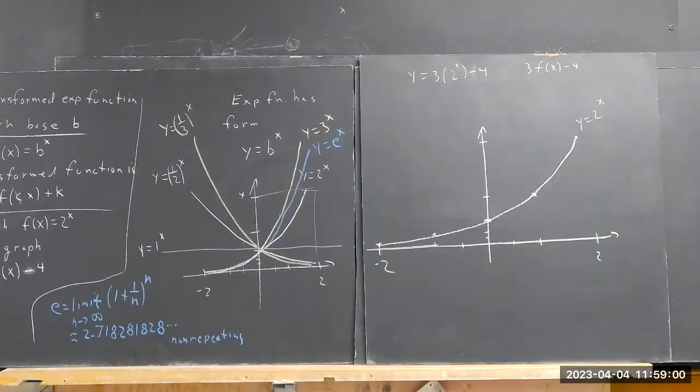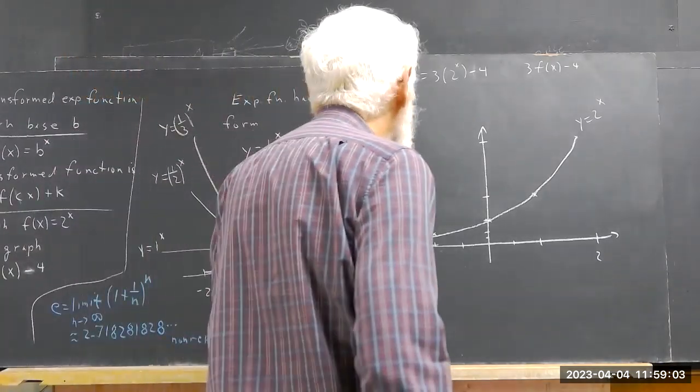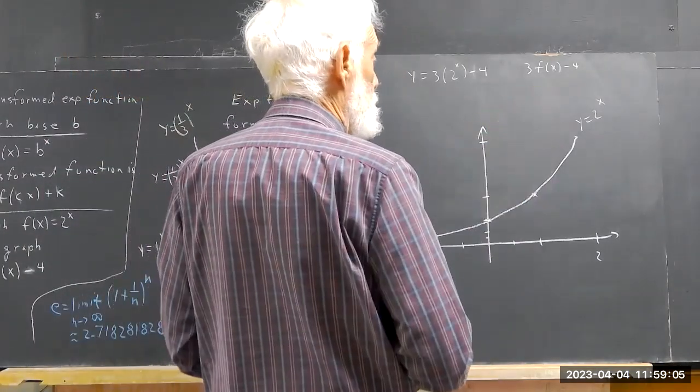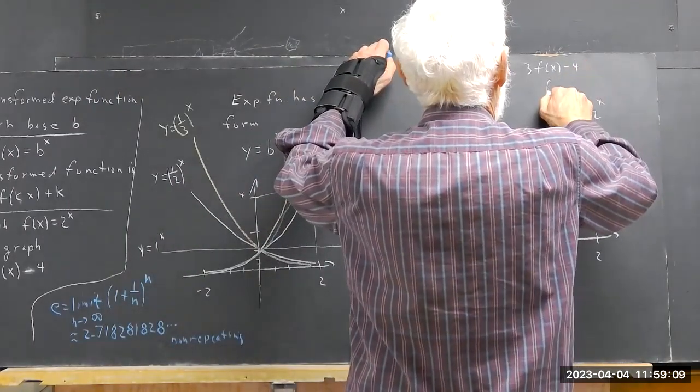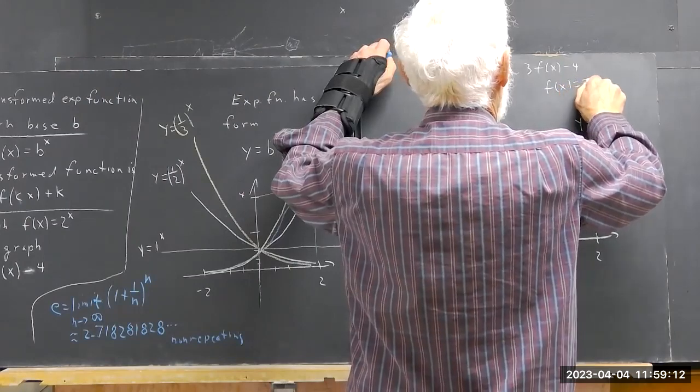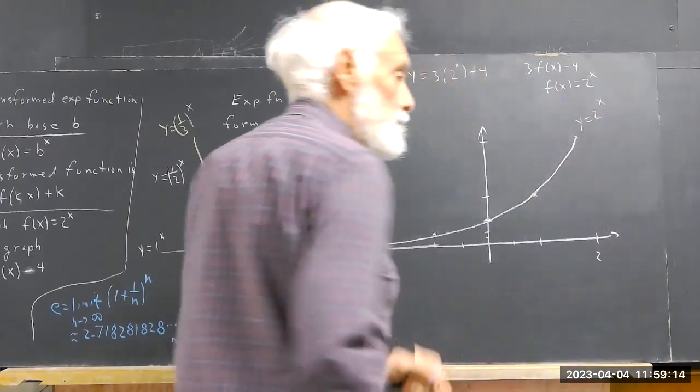We're wanting to graph 3 f of x minus 4, with f of x being your basic toolkit exponential function.